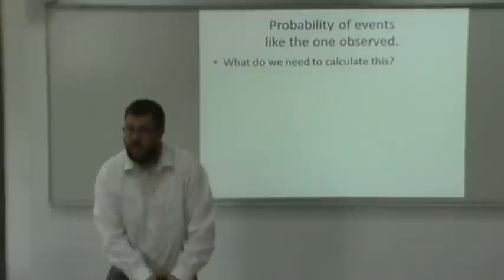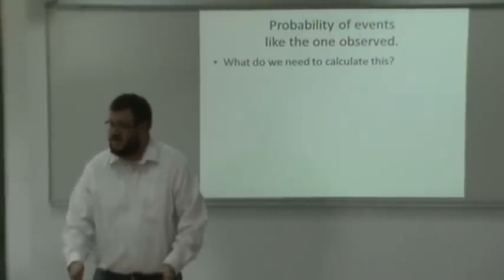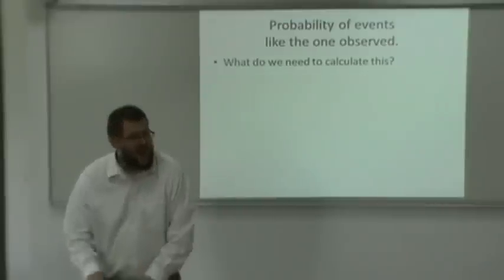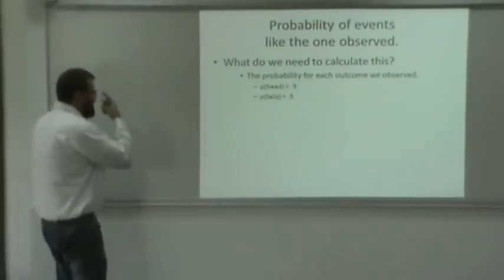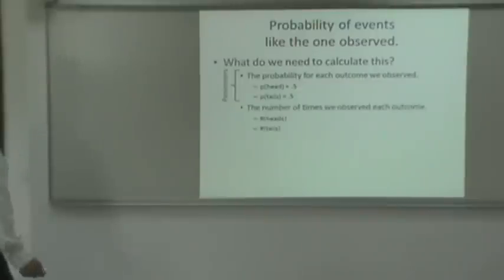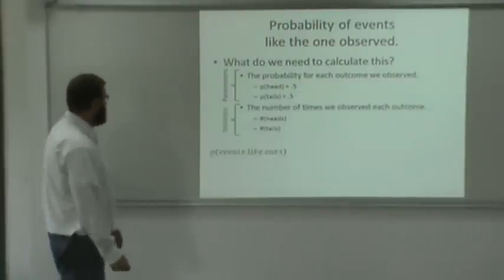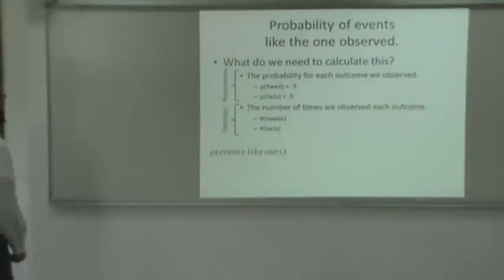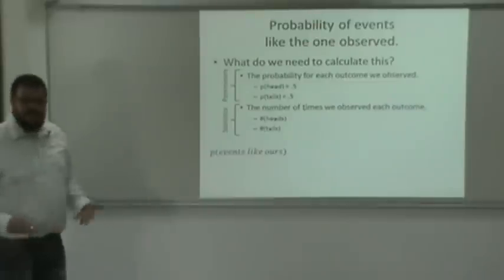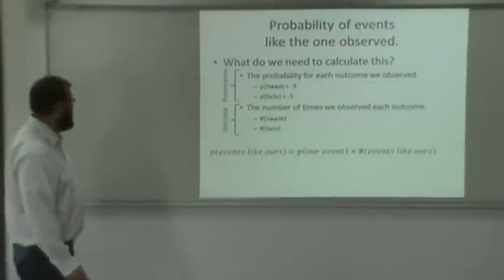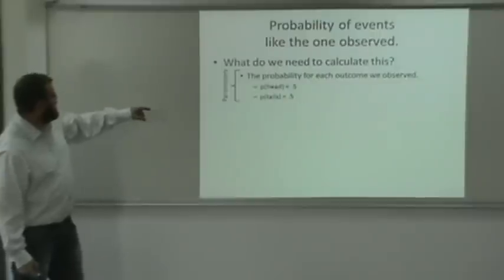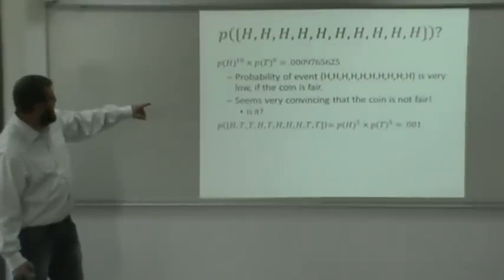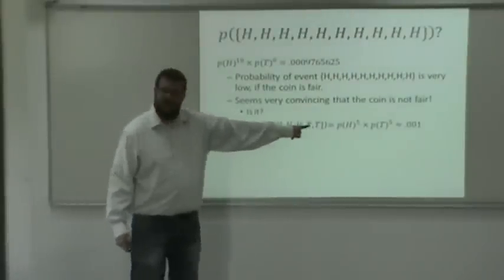The probabilities for each of those is the same thing, so we can add up those individual probabilities, right? So we need the probabilities for each outcome that we observe. Those are our parameters, the number of times that we observed each outcome. Those are our statistics. So the probability of events like ours, events like the one that we observed, is just the probability of our event, which we calculated here, right?